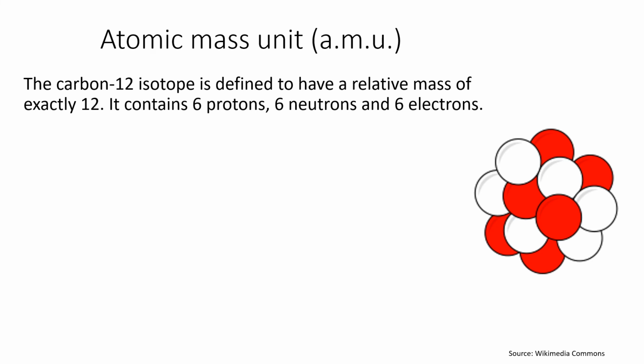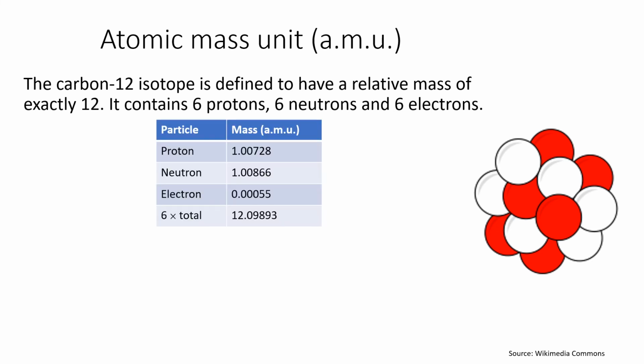When you're referring to the carbon-12 isotope, what you really mean is that collection of 6 protons, 6 neutrons, and 6 electrons that makes up a carbon-12 atom. But we made the point in the last slide that not all isotopes have integer masses. So I'm just going to look at this in a little bit more detail. You can see in this table here, I've looked up the exact masses of these fundamental particles measured in our atomic mass unit.